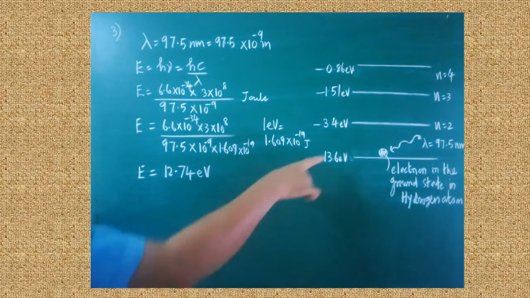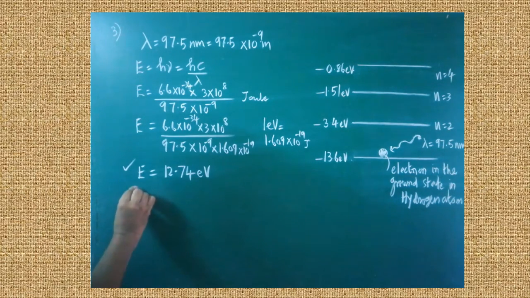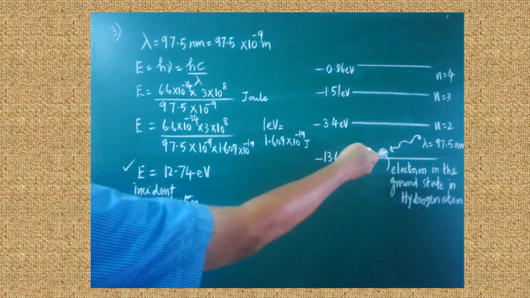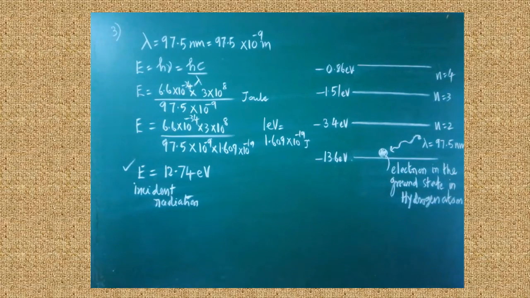This is the energy of the incident radiation. That is going to be used up for exciting the electron. Make a note. Are you clear? We just had to find the energy of the incident radiation. After absorption, we have to find out to which level that electron will be excited.